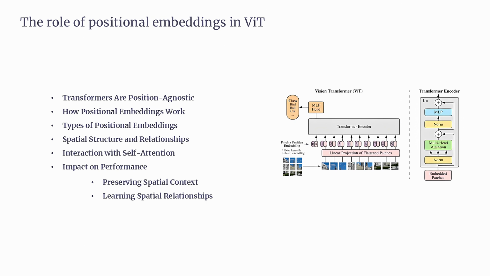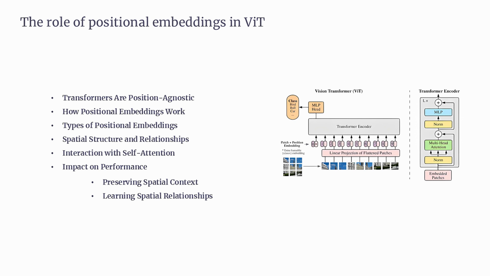An example of positional embeddings in ViT. Let's consider a 224 × 224 image that is divided into 16 × 16 patches. This results in 196 patches. After each patch is flattened and projected into a high-dimensional space, such as 768 dimensions, these patch embeddings are combined with positional embeddings to form a sequence of 196 vectors, each of size 768.